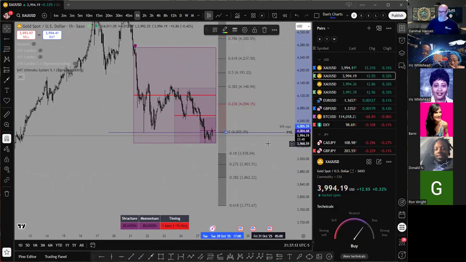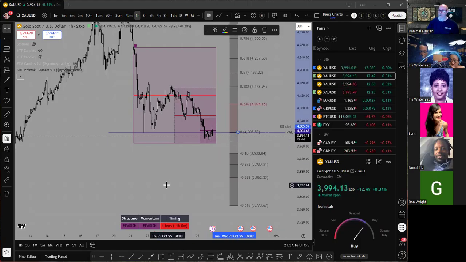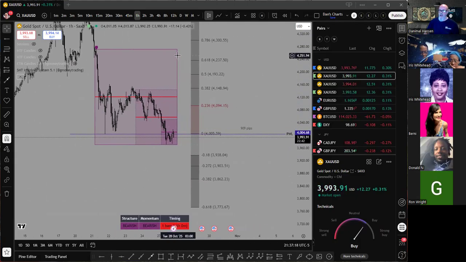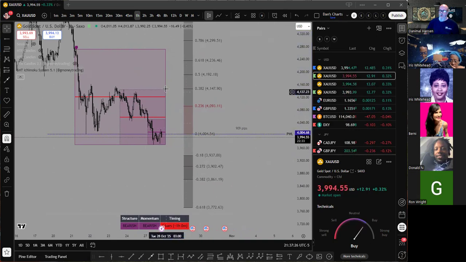So move this fib over, just get it out of our way. We can either fib the entire 1 hour box, or we could do the 52 box. And on the 1 hour, I would probably choose, might fib something like this.